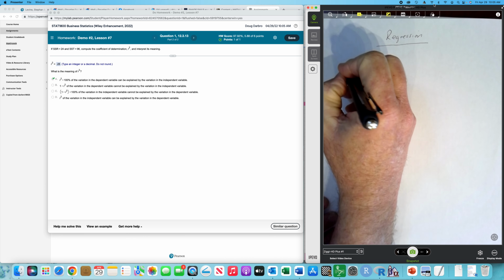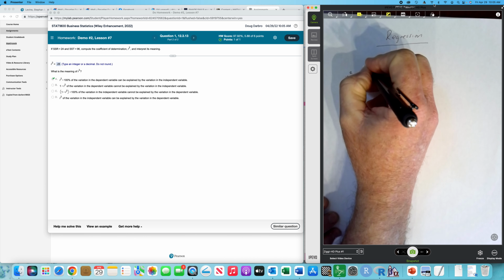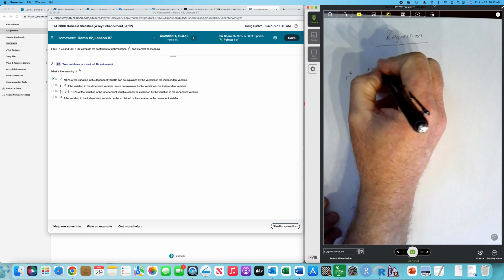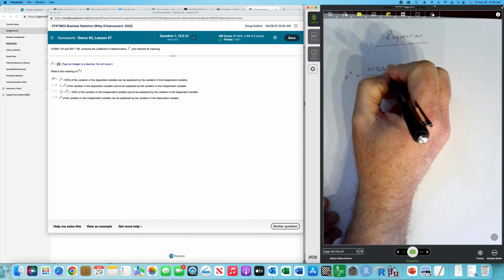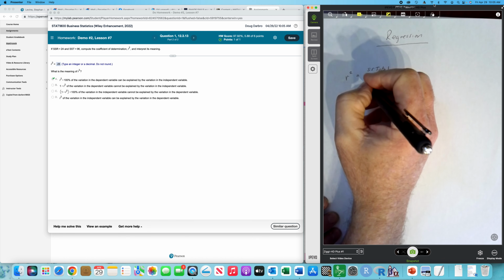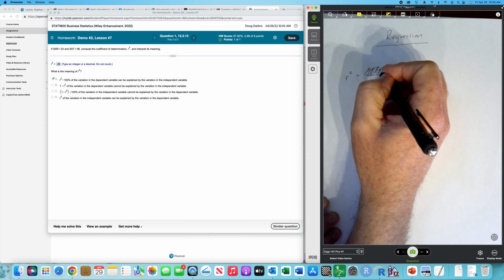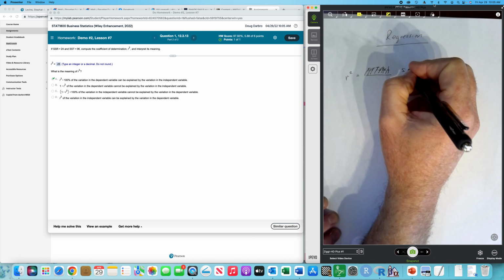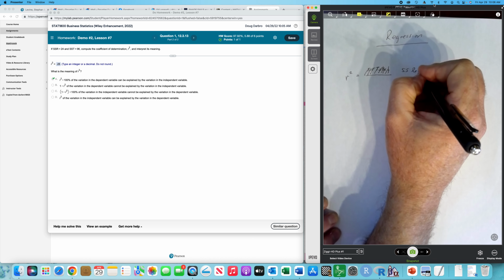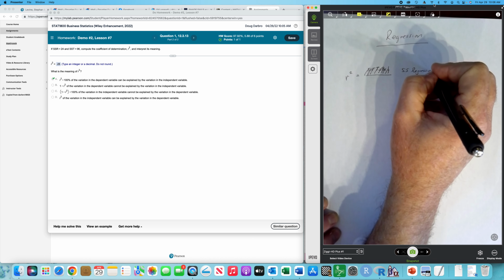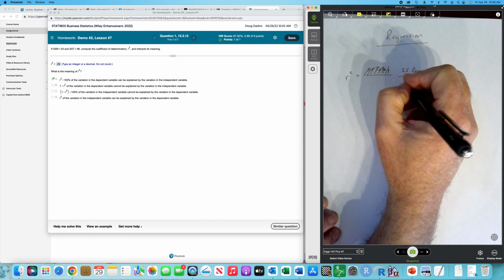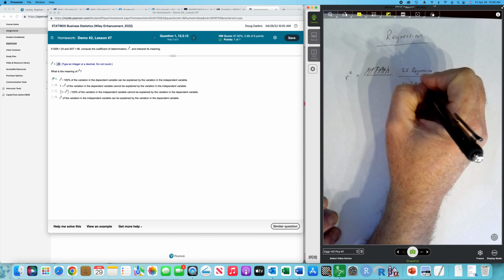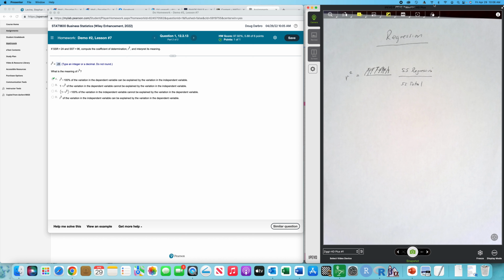But R squared can be calculated by taking something that's called sum of squares total. Over sum of squares total.